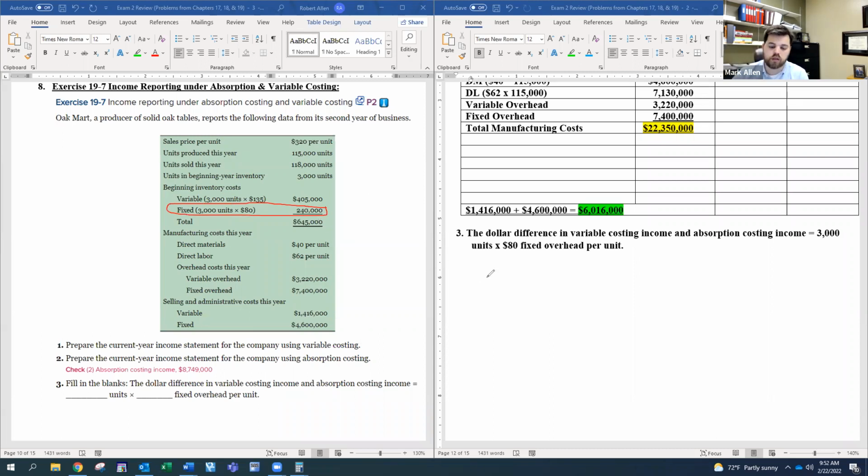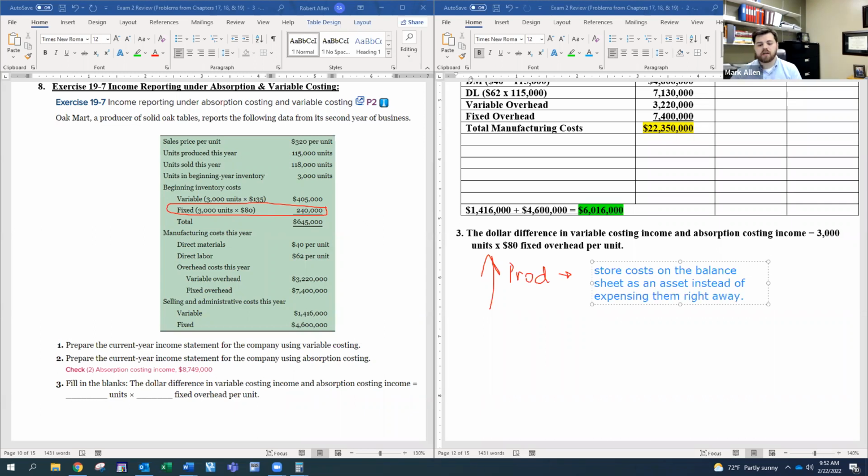Remember, under absorption costing, whenever we ramp up production in one period, that allows me to actually store. I'm going to switch over to the keyboard. This is going to be a lot of writing and it's going to look terrible if I write it with my mouse. So this allows us to store costs on the balance sheet as an asset instead of expensing them right away.